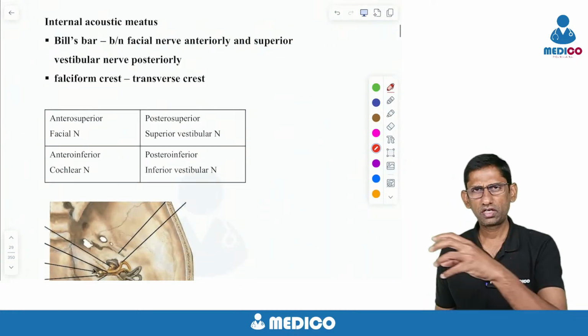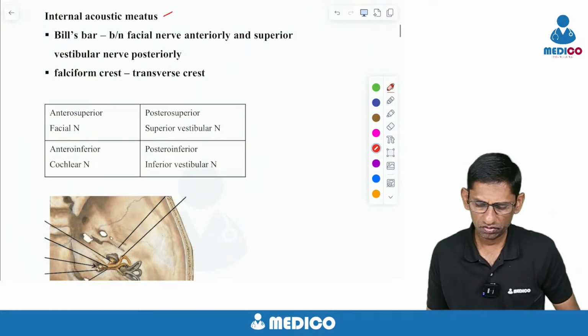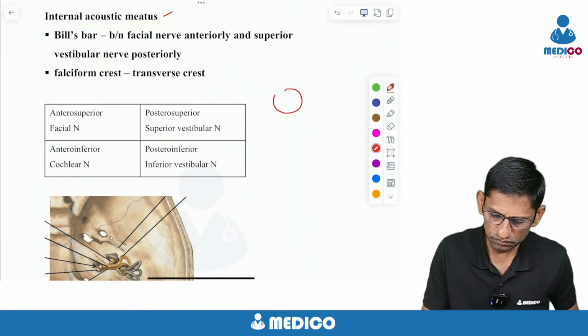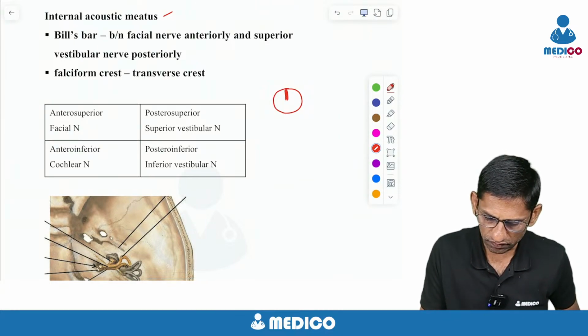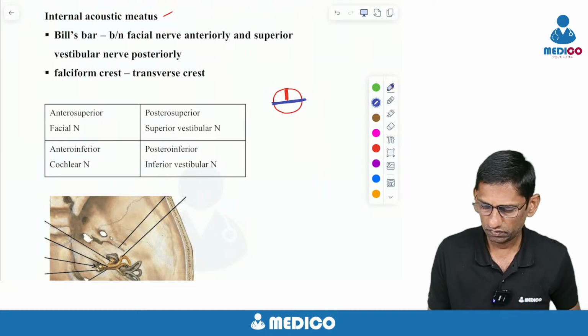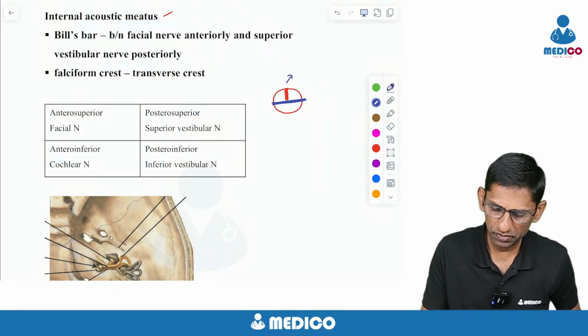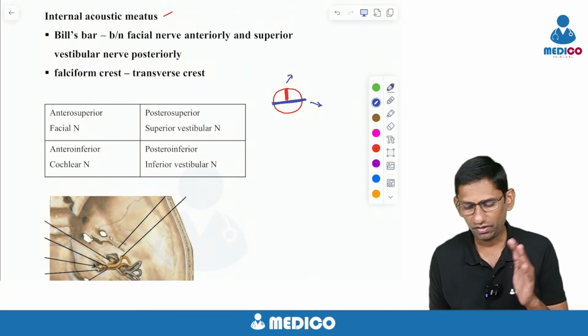Coming to the last area of the inner ear, the internal acoustic meatus, it is like a canal, which is divided into a vertical crest of the bone and a horizontal crest of the bone. So the vertical crest is called Bill's bar and the horizontal crest is called falciform crest or transverse crest.